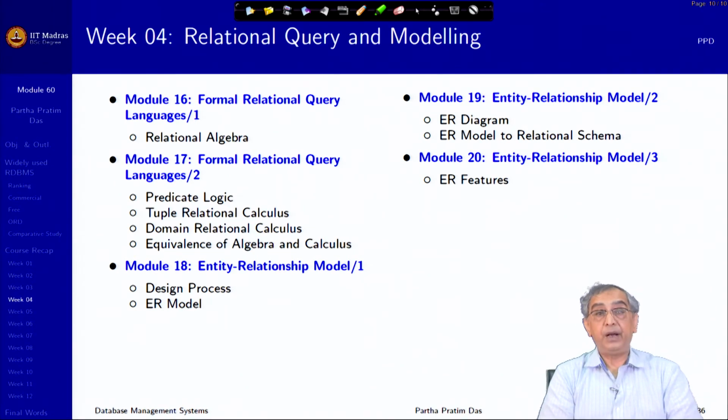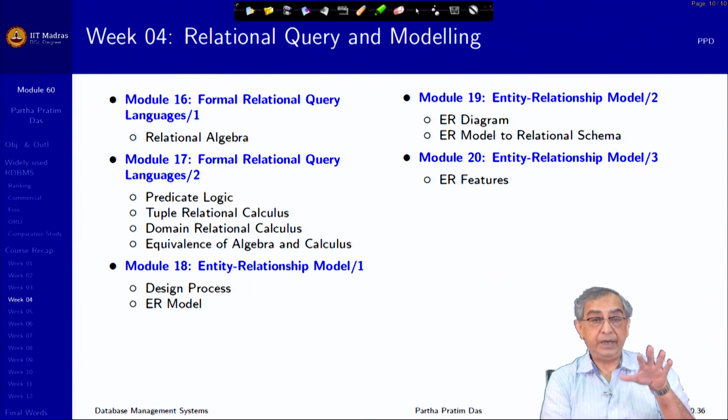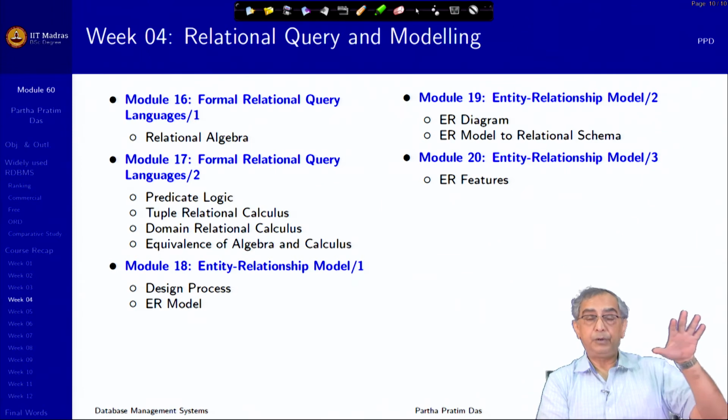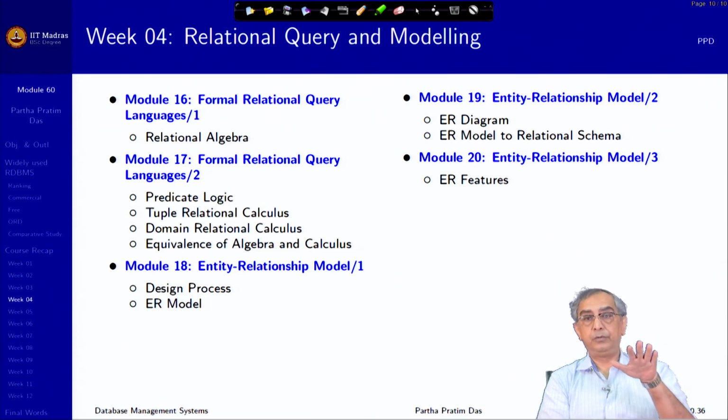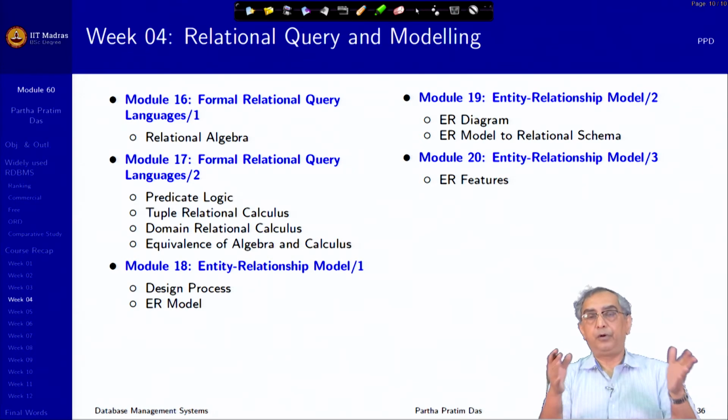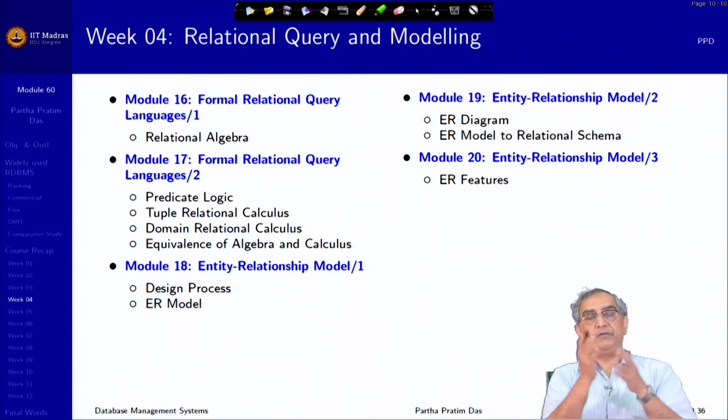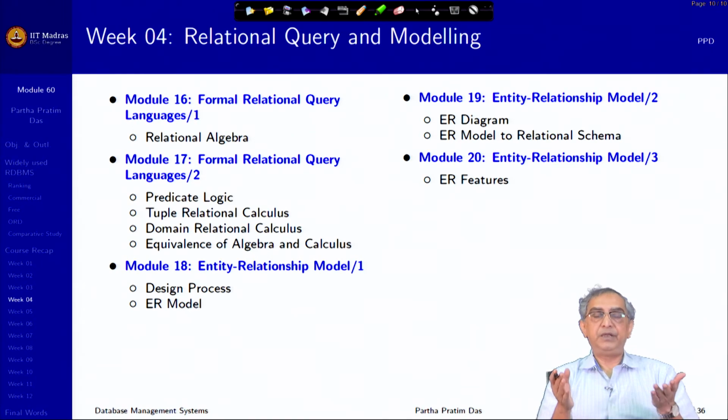Then we moved on to relational query models and modeling of the real world in general. So, we talked about relational algebra, calculi, with certain introduction to predicate logic, which you must brush up, the discrete structures you must brush up, talked about their equivalence, and then moved on to modeling using the ER models, ER diagram, conversion of ER models to relational schema, entity relationship features, and so on.